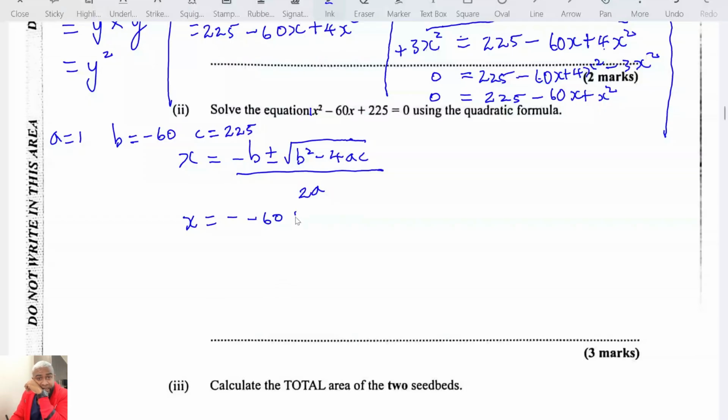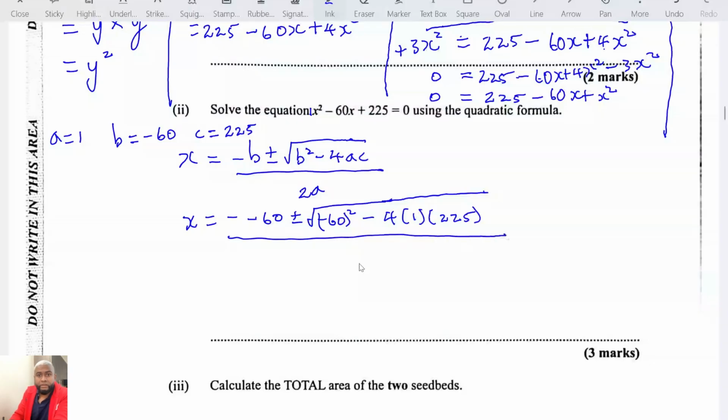Negative 60 plus or minus the square root of negative 60 squared minus 4 by 1 by 225, all over 2 by 1.